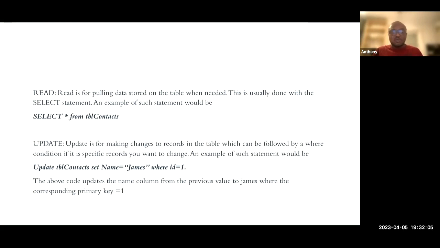So I have name equals James, phone equals 1234567200, and let's say I want to update the email too. Now, the where ID equals 1. Remember I said the ID is a primary key and is the unique identifier for that particular record. So I just want to update this particular record in table contacts. When I run this code, it's going to update it.